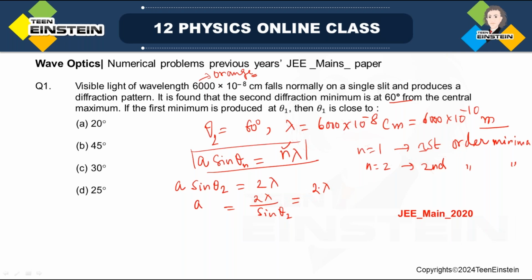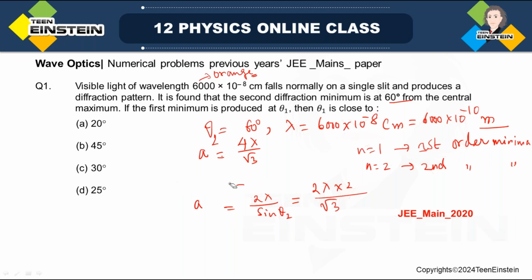So 2 will come in the numerator and root 3 like this. So we get the value of a, which we have obtained as 4 lambda by root 3.